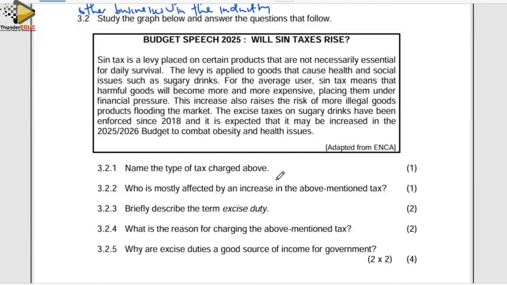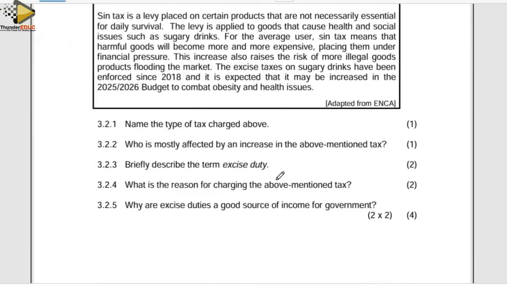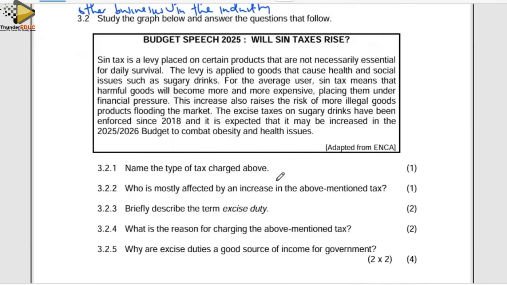Right, next is taxes. That is question 3.2. It's an extract of taxes. Name the type of tax charged above. It is automatically talking to us about a tax. Who is mostly affected by an increase in the above tax?